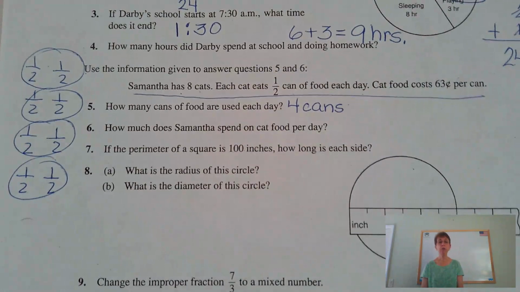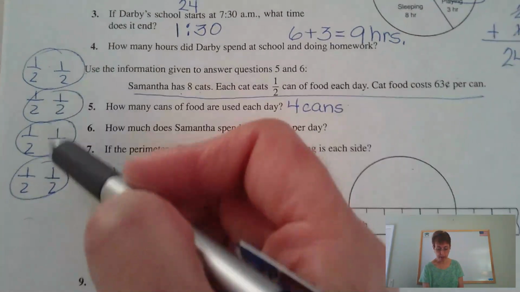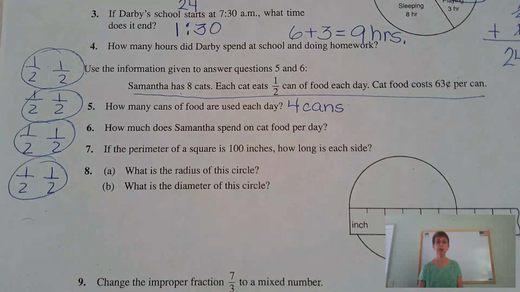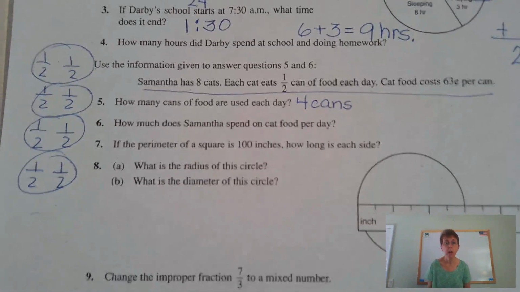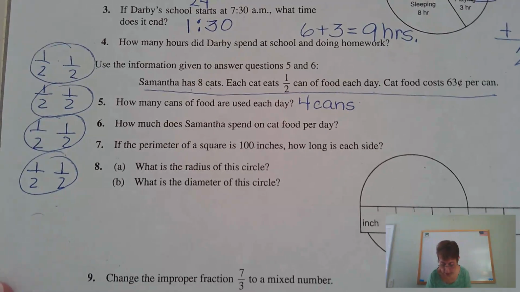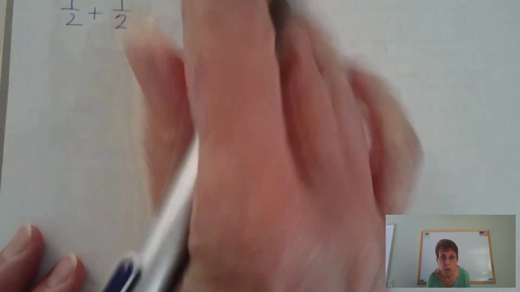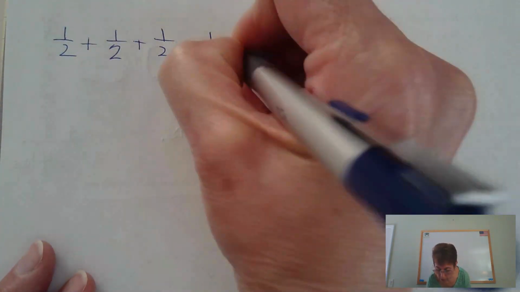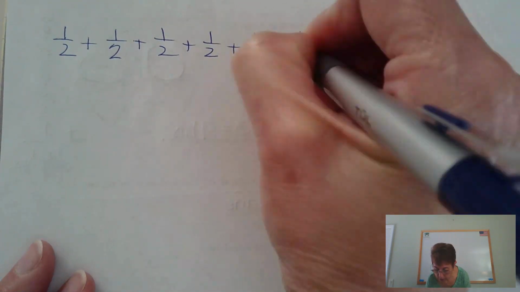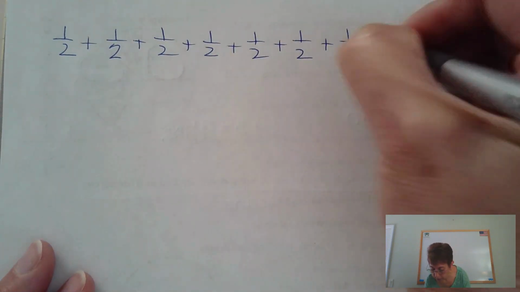Now, again, if you remember how to add fractions when you have like denominators, and remember like denominators means that they are the same, then you can just simply add your fractions. So let's add your fractions. So you have 1/2 8 times, 1, 2, 3, 4, 5, 6, 7, 8.